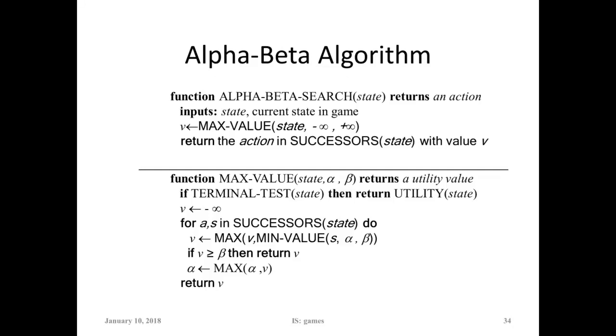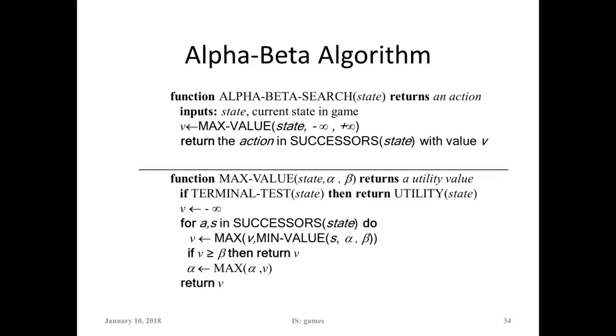So the input is a state, which is the current state in the game, in the state space. And the value is calculated as the maximum value of the state with two input variables, namely the alpha value, which is the minimal value, and the beta value, which is the maximum value.